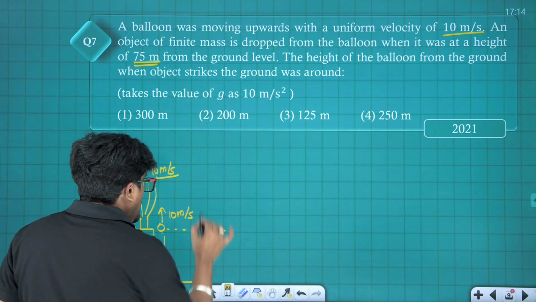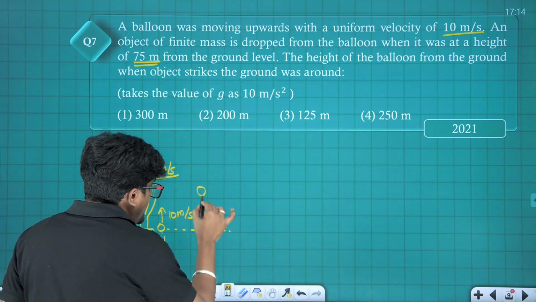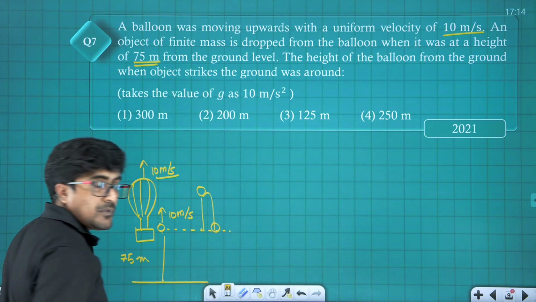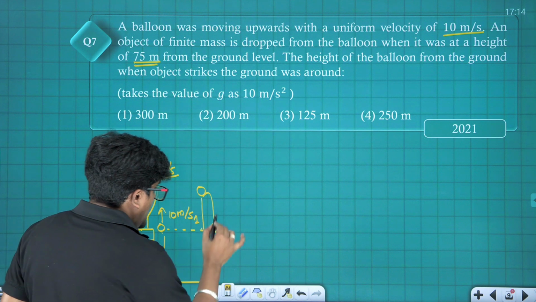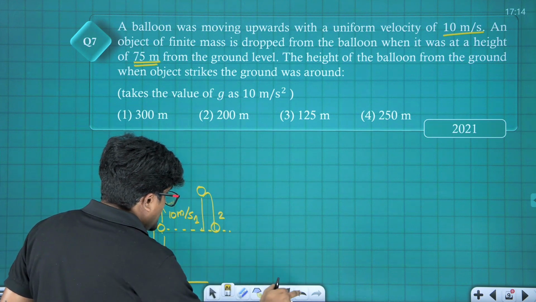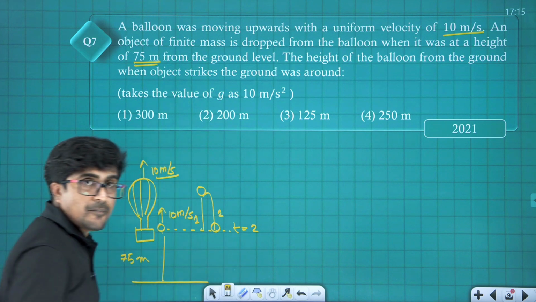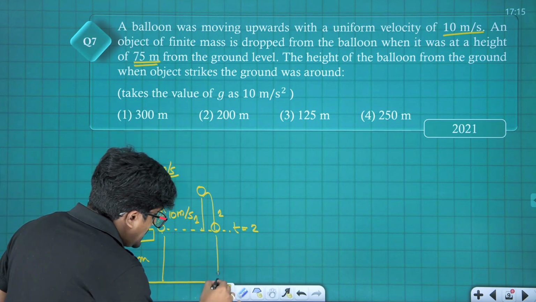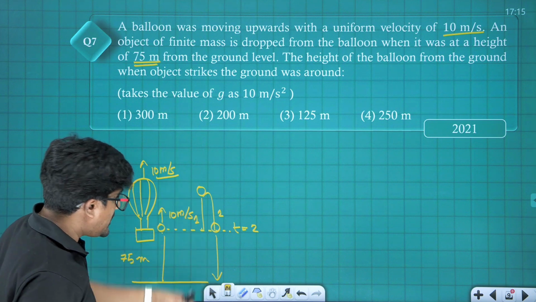Now it will go up, come to a state of rest, and after that it will reach here. So the time taken for the upward journey is 1 second, and the time taken for the downward journey is also another 1 second. So now the total time taken is 2 seconds. Now it will take some additional time to travel in the downward direction to reach the bottom.